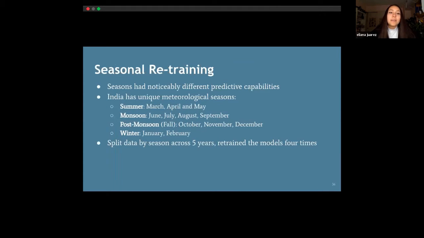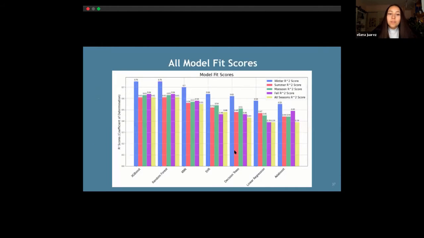So we refined them and made sure to include the 4-month-long monsoon and post-monsoon seasons. So again, we split the data by season across 5 years of data because first we had just trained across 1 entire year. So this time we split the data by season across 5 years and retrained each of the models 4 times. And overall, each of the models performed much better when trained by season separately than year.